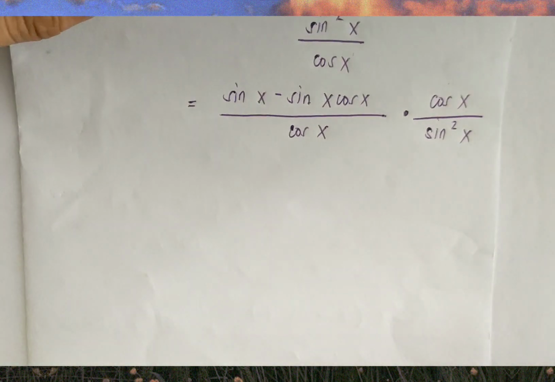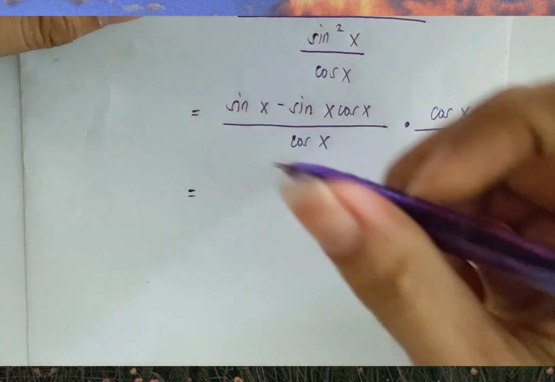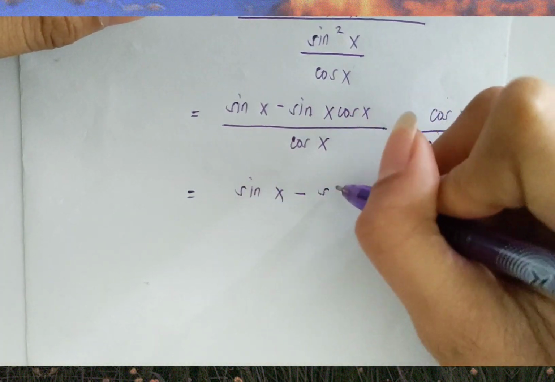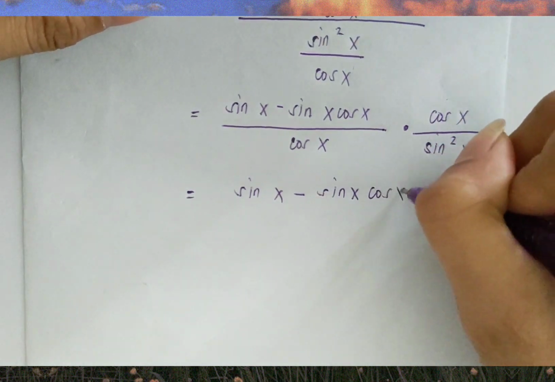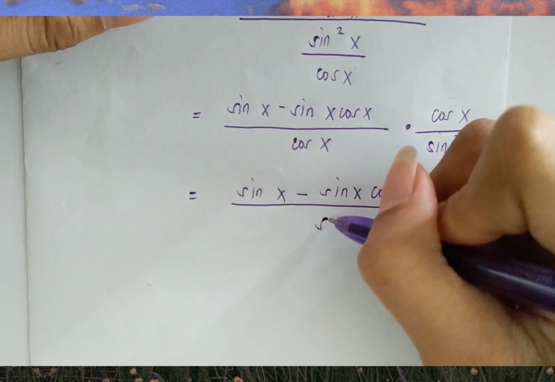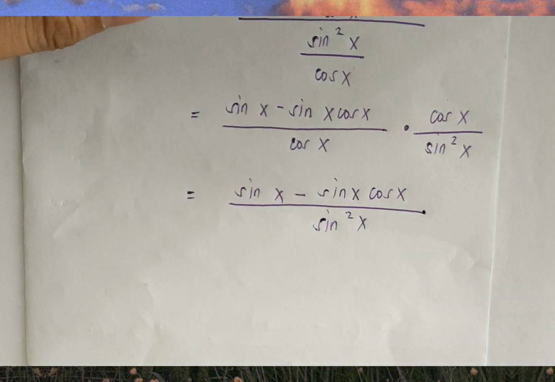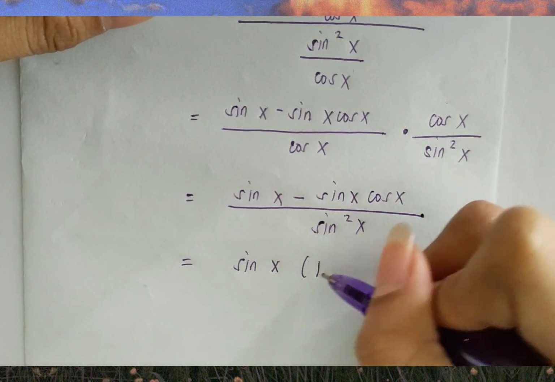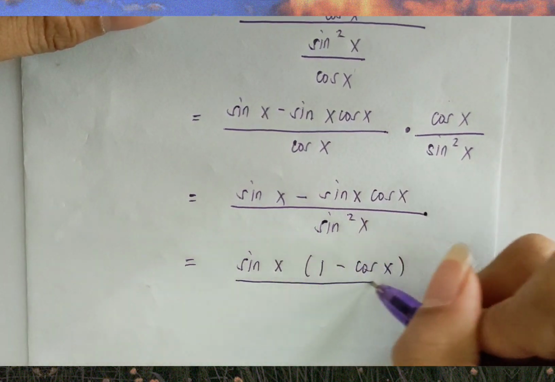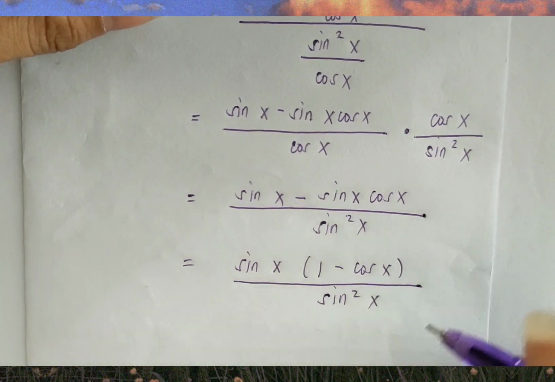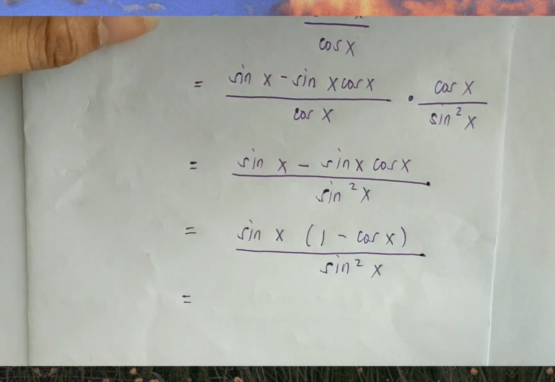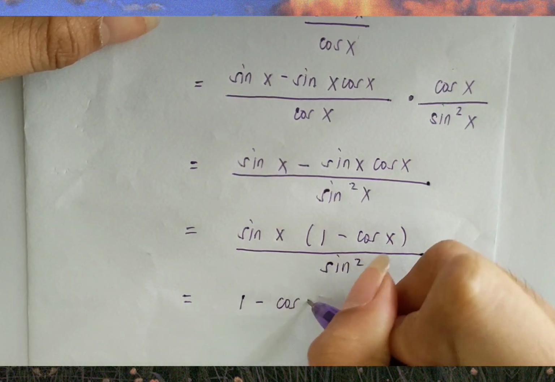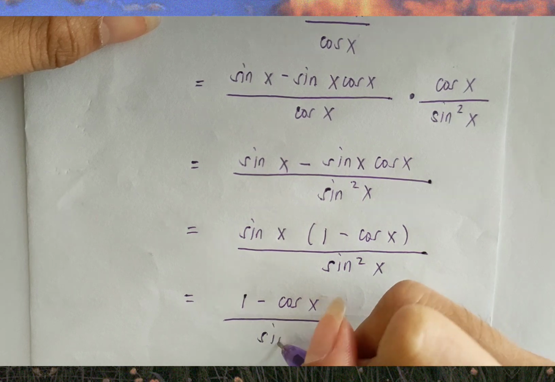Next, this will become sine x minus sine x cosine x all over sine squared x, followed by sine x times 1 minus cosine x all over sine squared x, and of course our final right side will become 1 minus cosine x all over sine x.